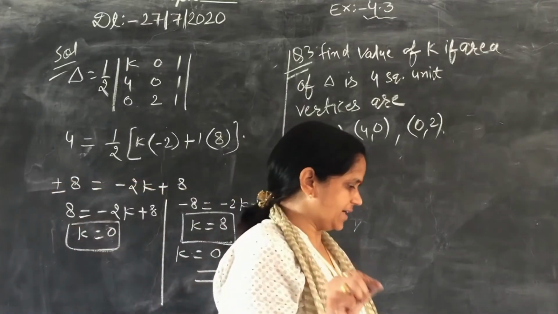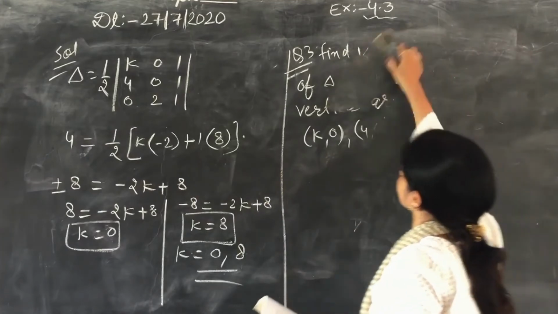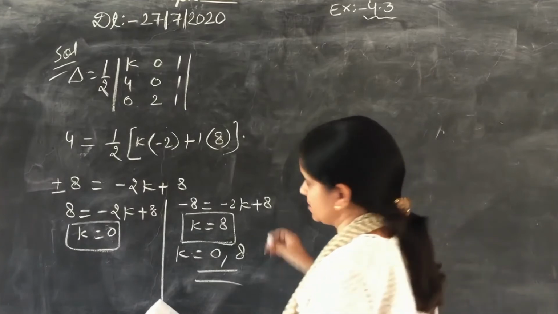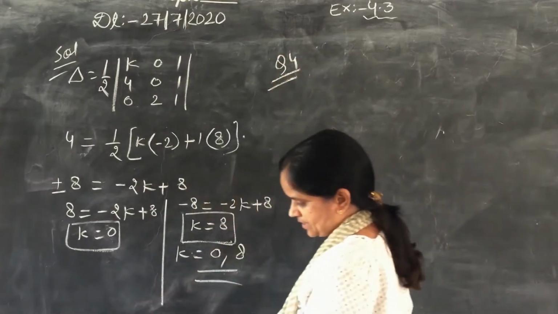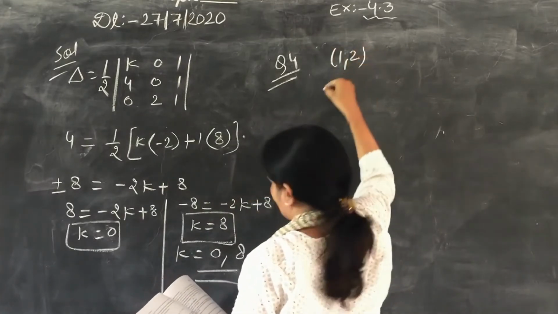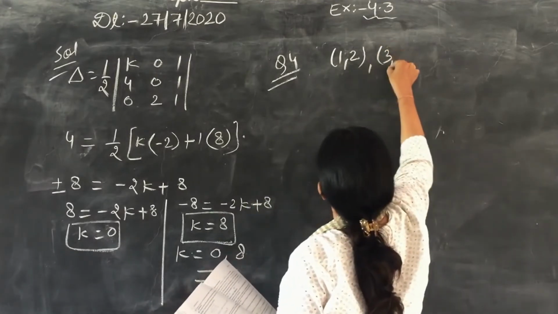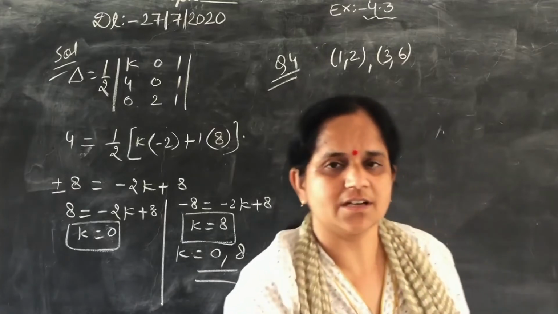Next is find the equation of line. Question number 4: it is the line joining the points. The points given are (1, 2) and (3, 6), and using determinants, it is given in the question.